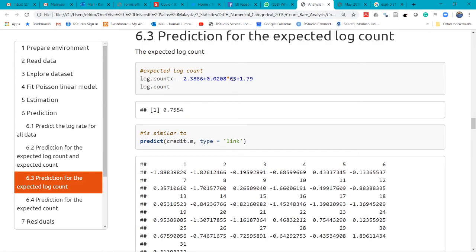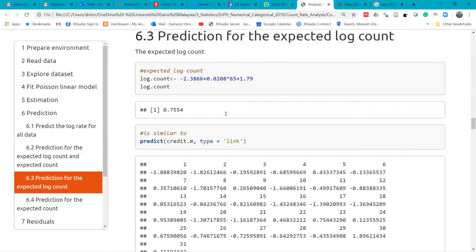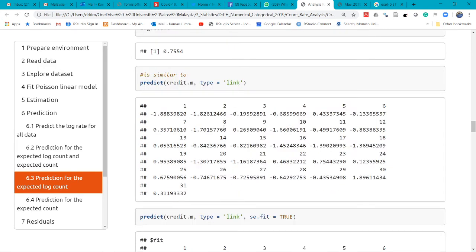Replace this value with 65, retain the log t, and you get 0.7554, which is the same as the link, type equal link.